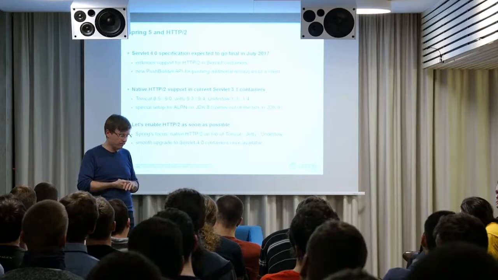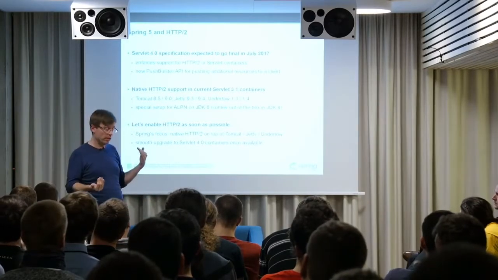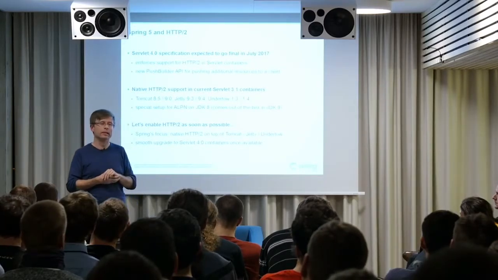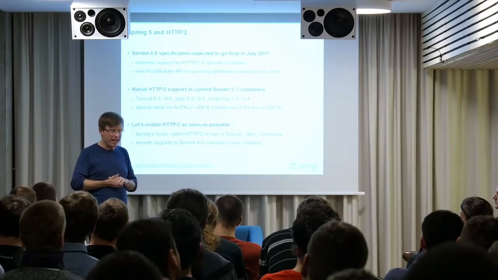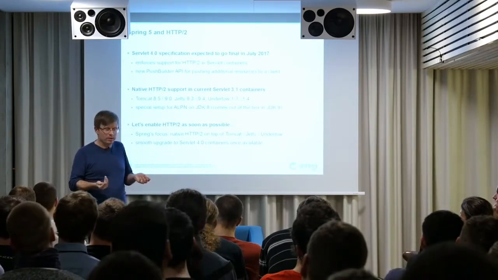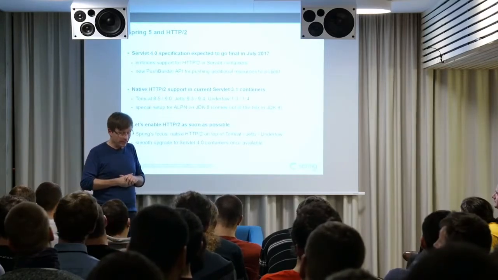There is no HTTP2 support in the JDK itself, not even in JDK9, not in the regular Java SE9. There's only an optional experimental HTTP2 client that nobody's going to use because it's marked as experimental, even if they ship it out of the box and it's a separate module.